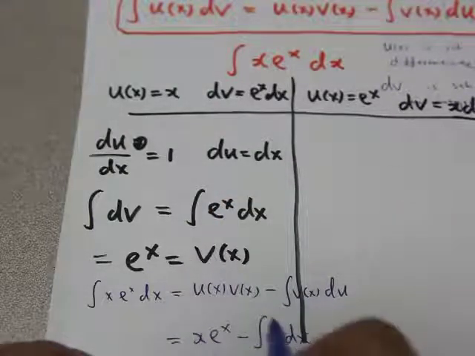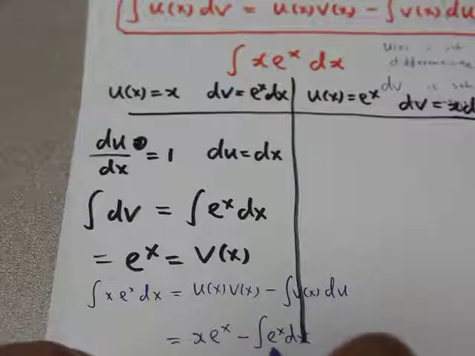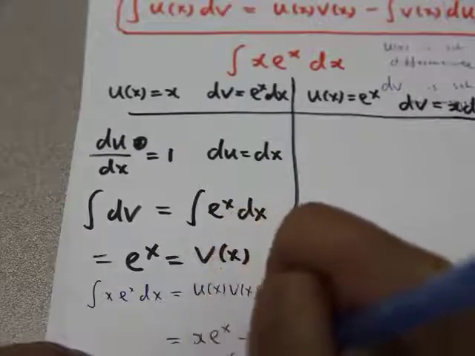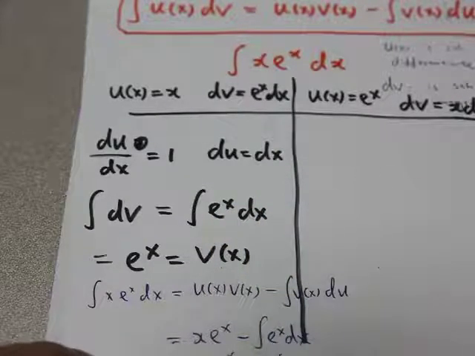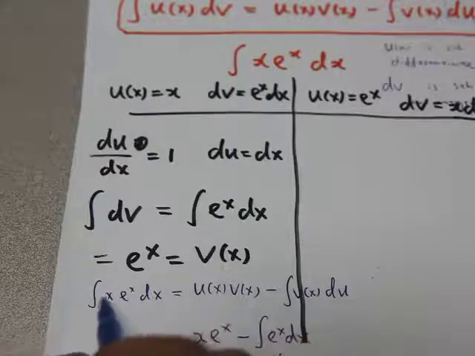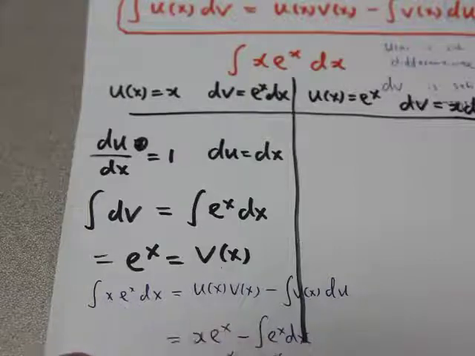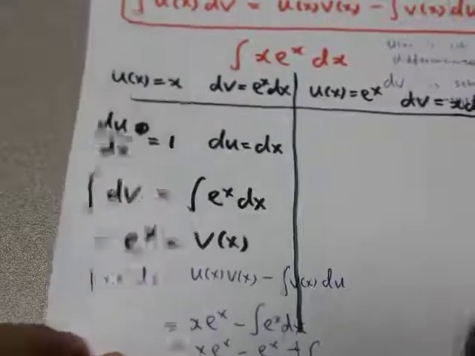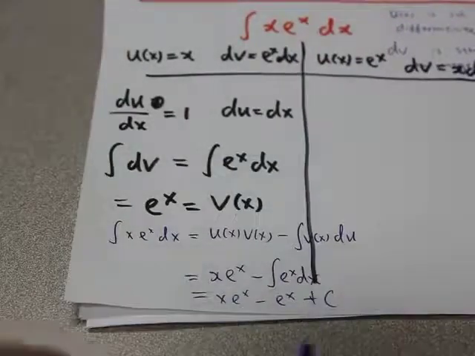So then this integral gives us the answer e^x. So therefore we found the answer. When we integrate this function, the result is x times e^x minus e^x plus a constant c.